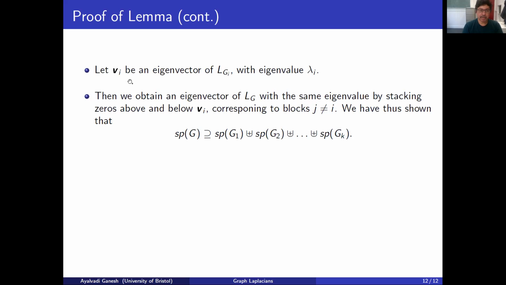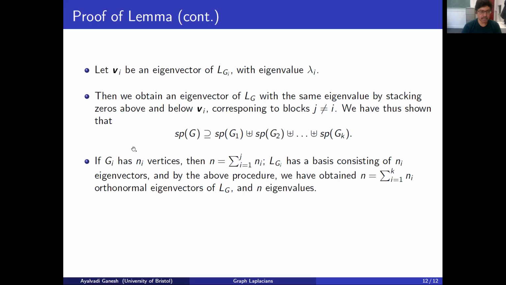So for every eigenvector of LGi, we've extended it to an eigenvector of LG with the same eigenvalue. And so the spectrum of G contains each of these spectra with the appropriate multiplicities as multisets. The lemma claims they are equal, and to show they are equal, it's just a matter of counting.